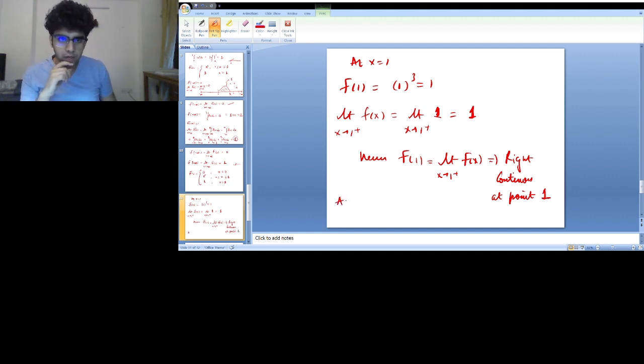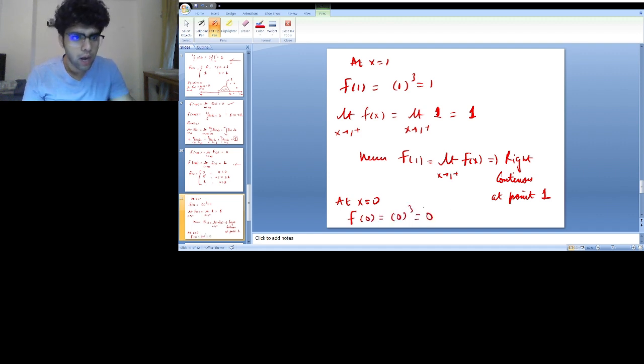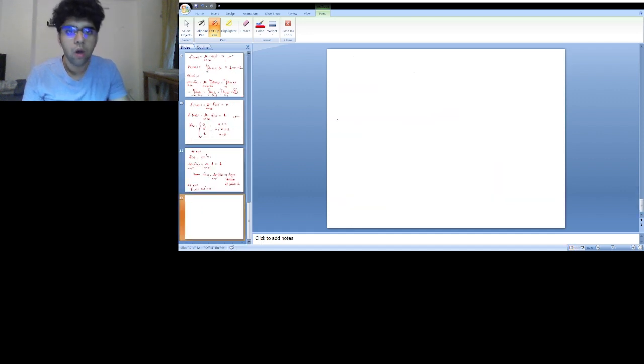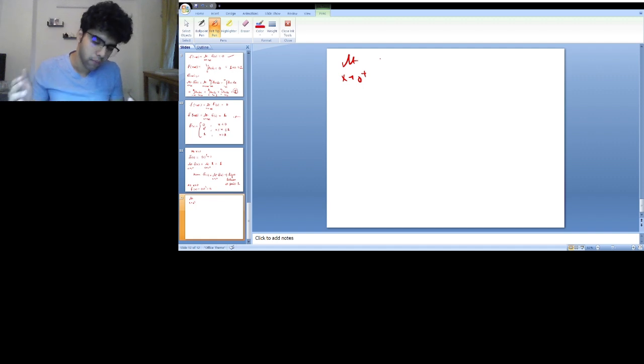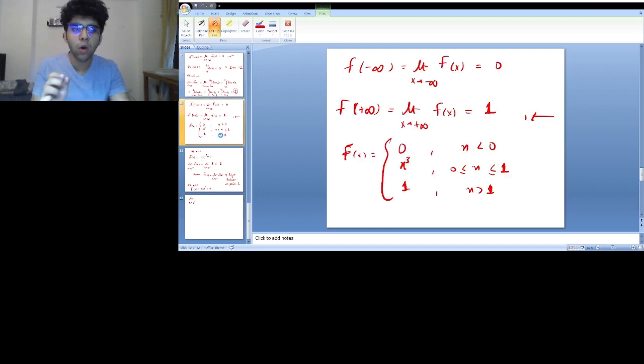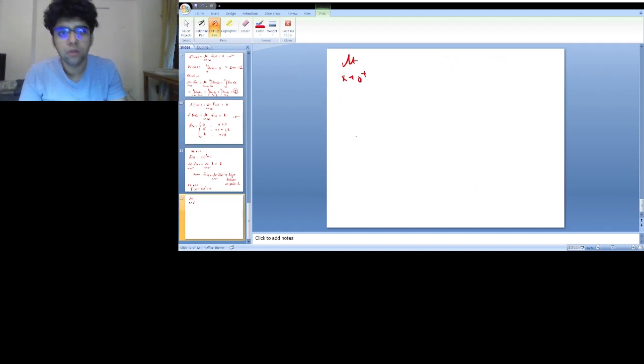Now let's check the right continuity at x equal to 0. At x equal to 0, f of 0 is 0 cube, which is equal to 0. For checking the right continuity, limit x to 0 plus, when I am approaching 0 from the right hand side, my x is slightly greater than 0, so my function will be x cube, for any x lying between 0 and 1.